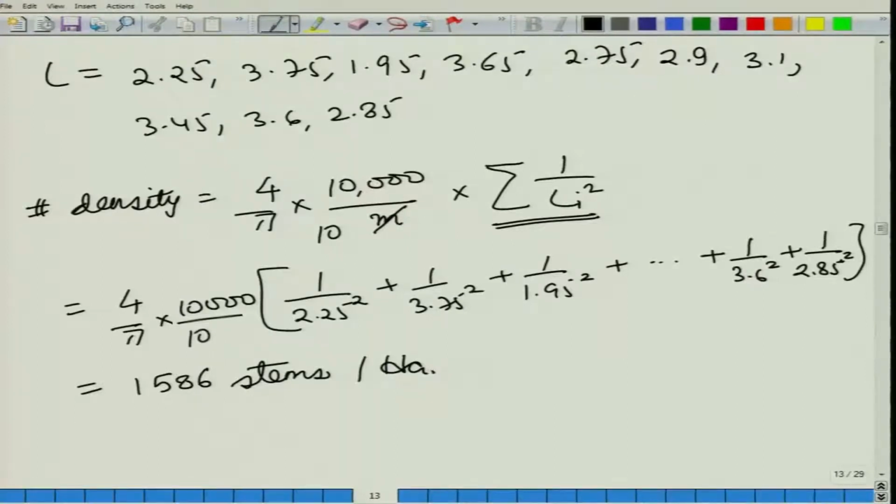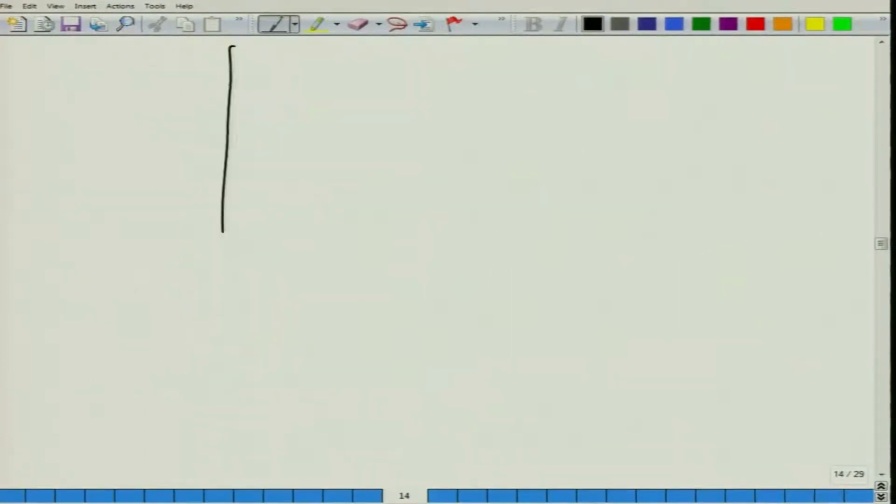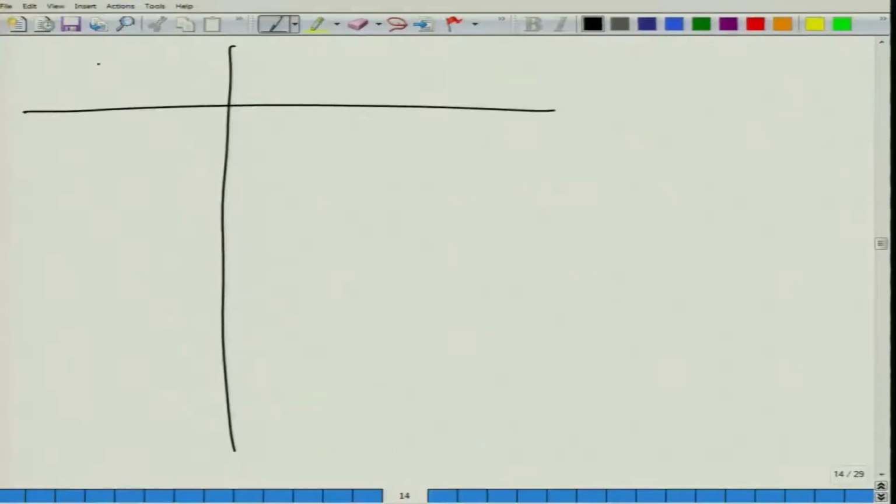Now, how do we do this large calculation on our sheet? So, what we can do is we can make a table of Li and 1 over Li square. So, we will have the values of 2.25, 3.75, 1.95 and so on.